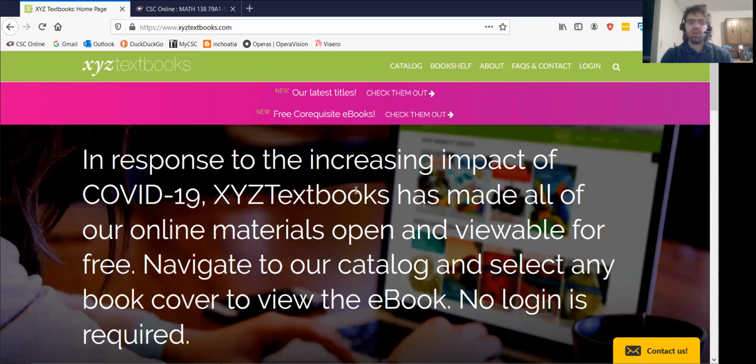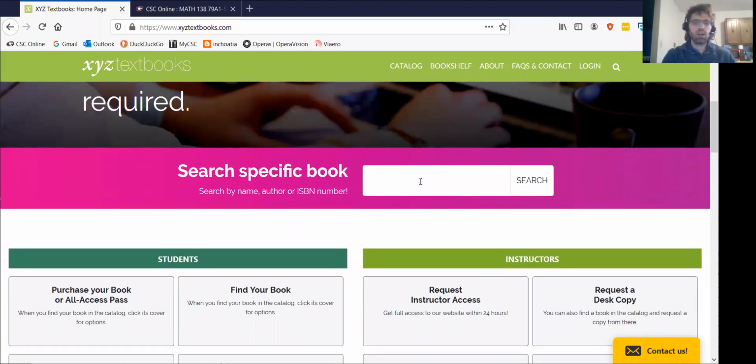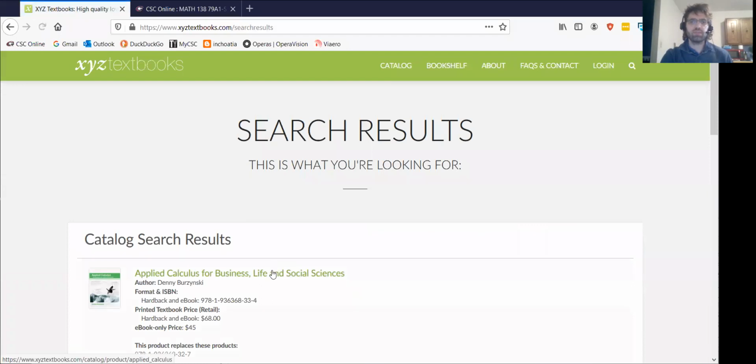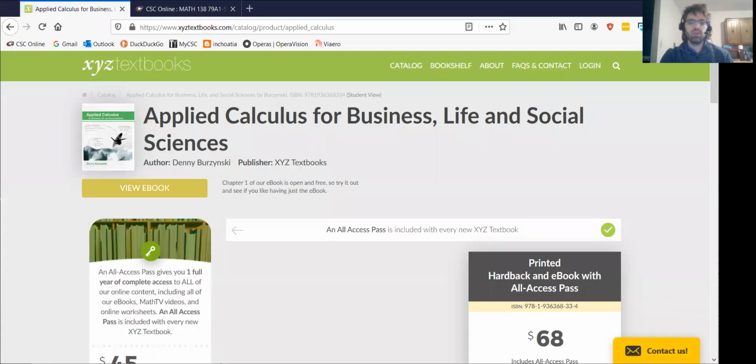This is the publisher's website, XYZ Textbooks. We'll search for our textbook, Applied Calculus, and it will show up. So for the moment, at least, all these textbooks are freely available.